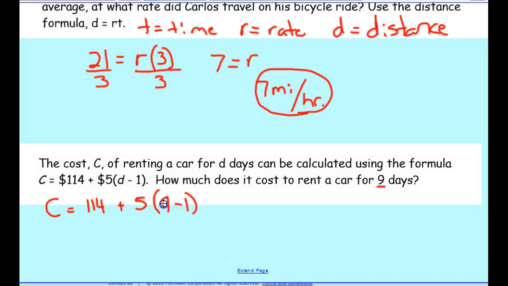Now if we follow order of operations, we're going to do the parentheses first. So we're going to have C equals 114 plus 5 times whatever's in our parentheses, 9 minus 1, which is 8.